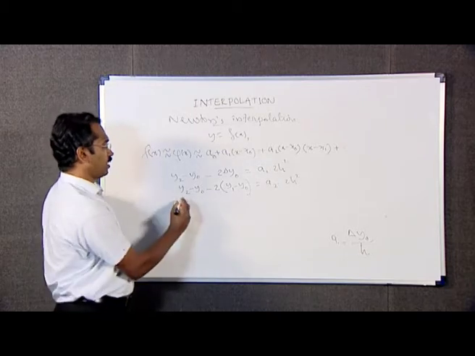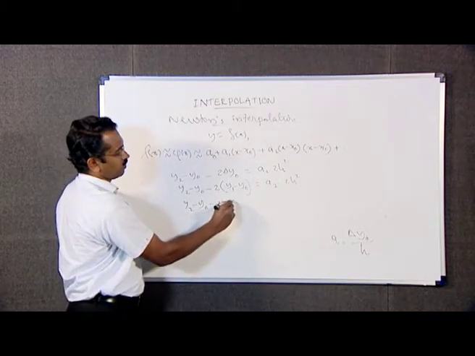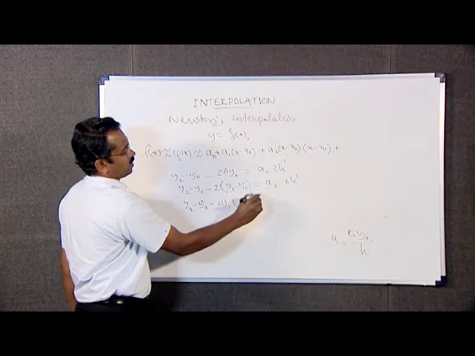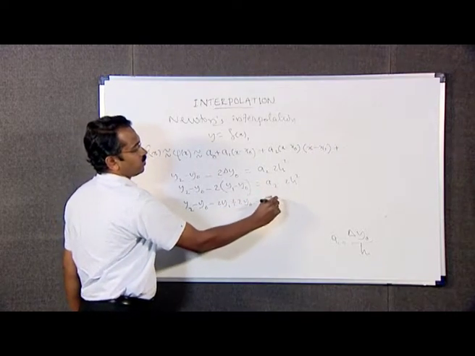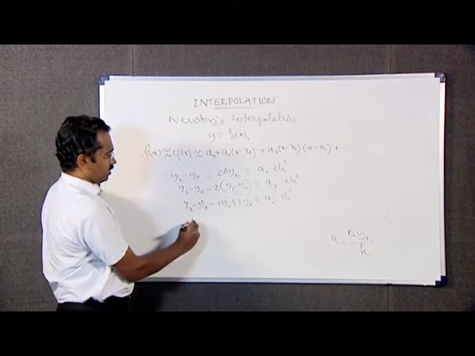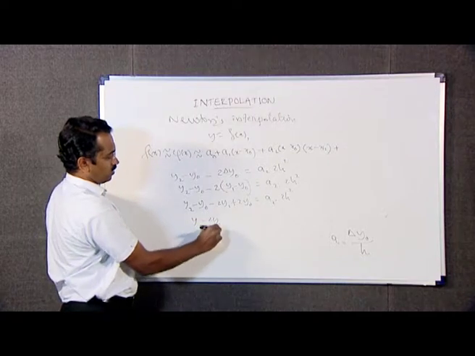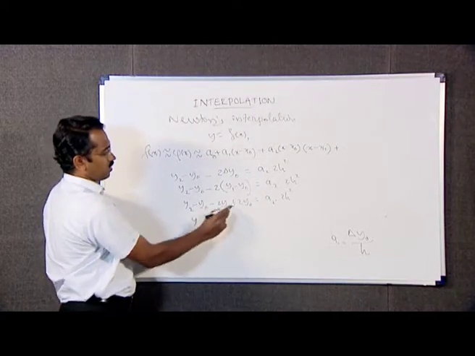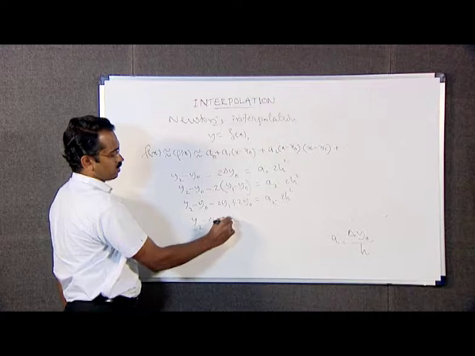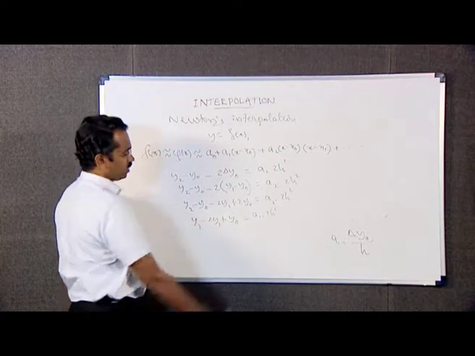That is y2 minus y naught minus 2 y1 plus 2 y naught is equal to a2 into 2h square. That is y2 minus 2 y1, plus 2 y naught minus y naught is y naught, equal to a2 into 2h square.